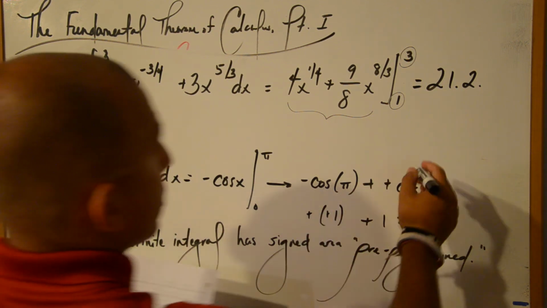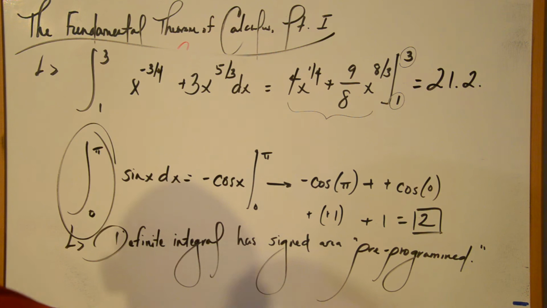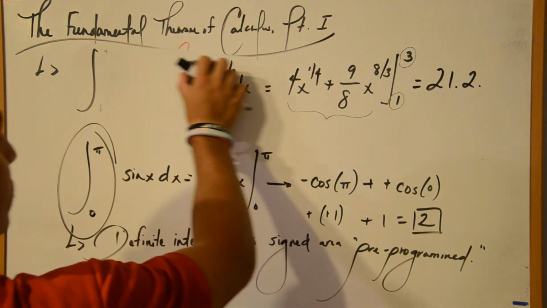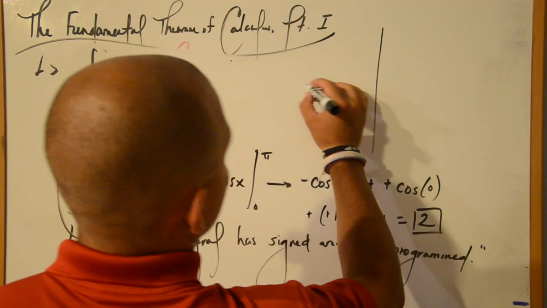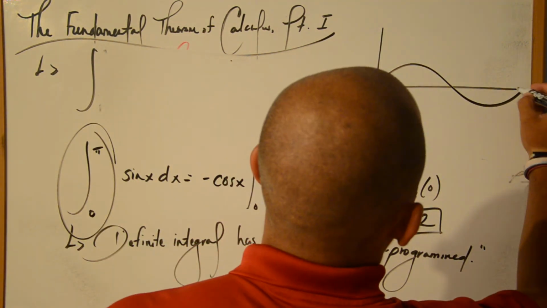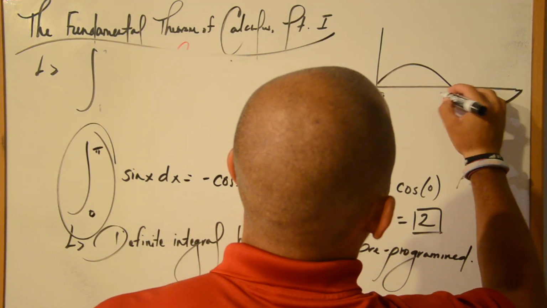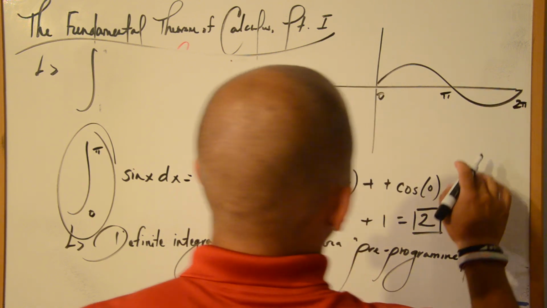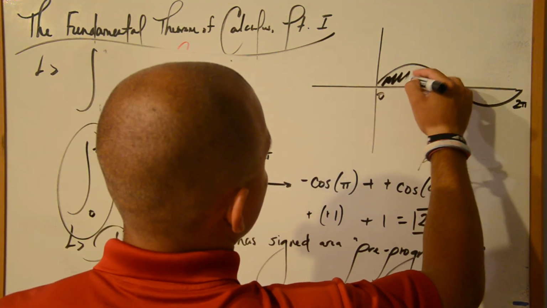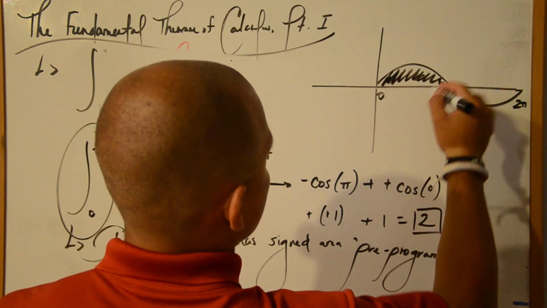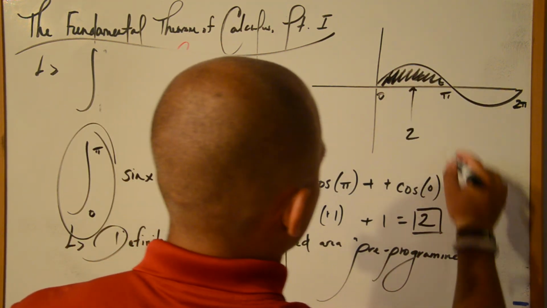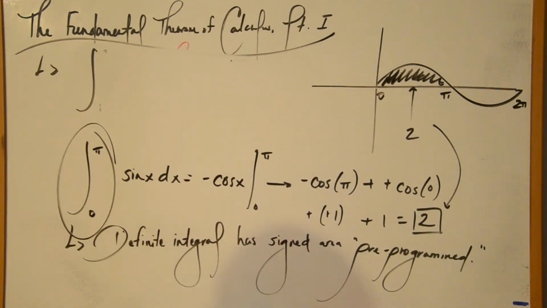Okay, because if we make a quick sketch, and we're going to do another sine integral, but the sine function looks like this: 0, pi, 2 pi. So this situation here is an area of 2, as confirmed by this.